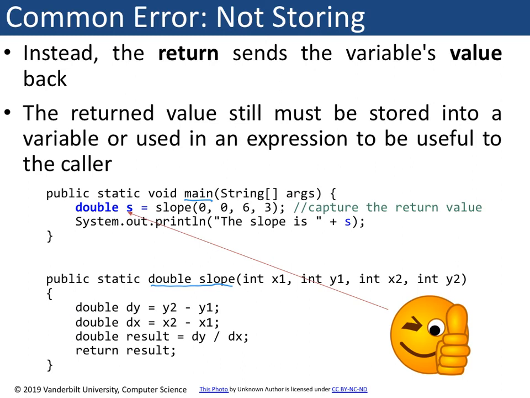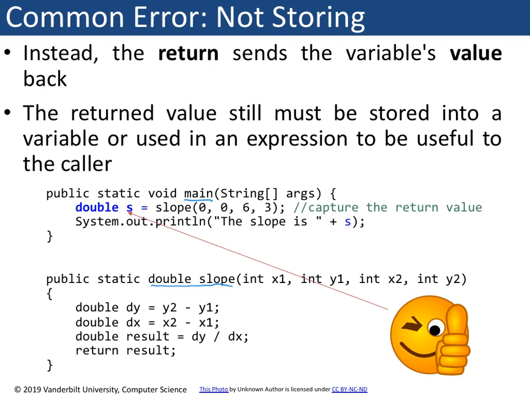It gets to the return statement and evaluates the expression result, which will then return the value that is evaluated from the expression back to the expression which called slope.